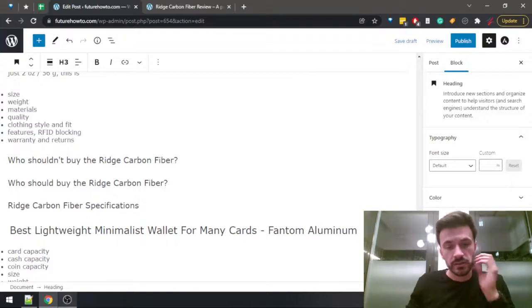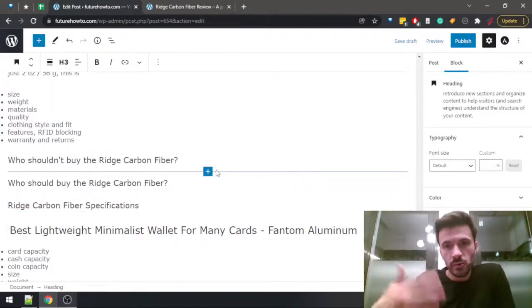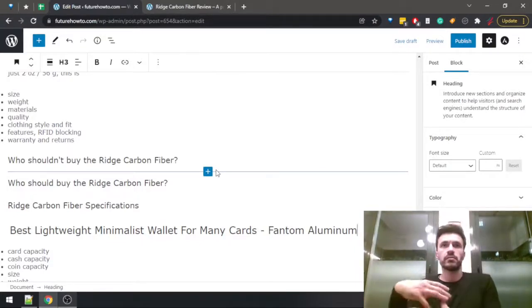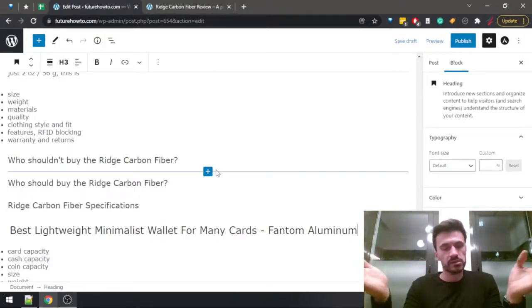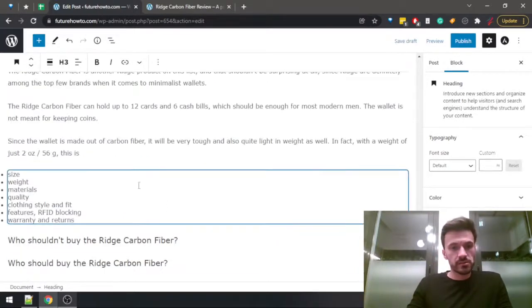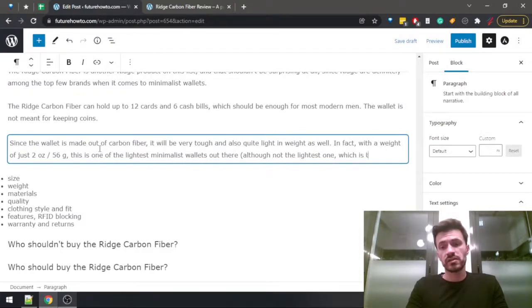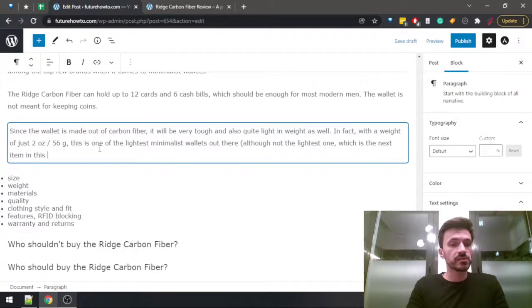Yeah, okay, good. So as you can see, the structure is always adaptable. You can change it in the middle of the process as well. That's not a big deal at all. You want to stay as flexible as you can. So we're gonna say here, this is one of the lightest minimalist wallets out there, although not the lightest one, which is the next item in this list.